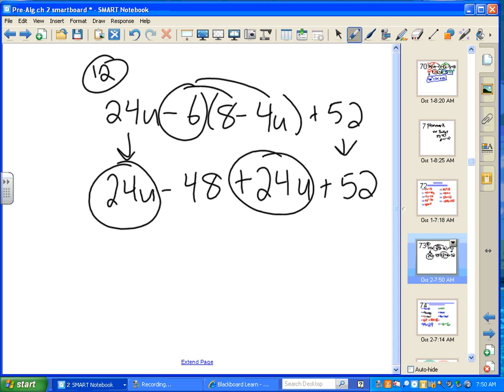Okay. Don't do that. Remember, I've been telling you guys, always circle or put a square around the sign that's in front of the number or variable. Distribute the sign with the term. You have to. Okay? Okay, so that's how you get 48u plus 4.